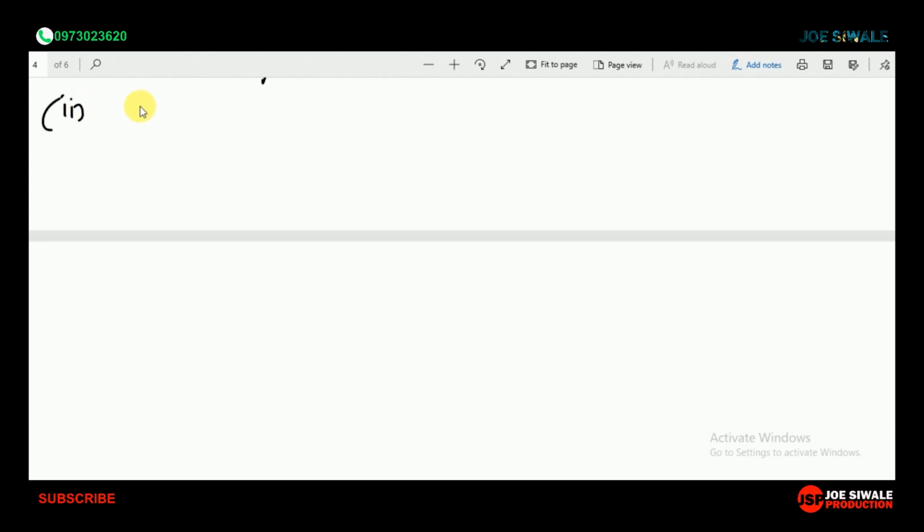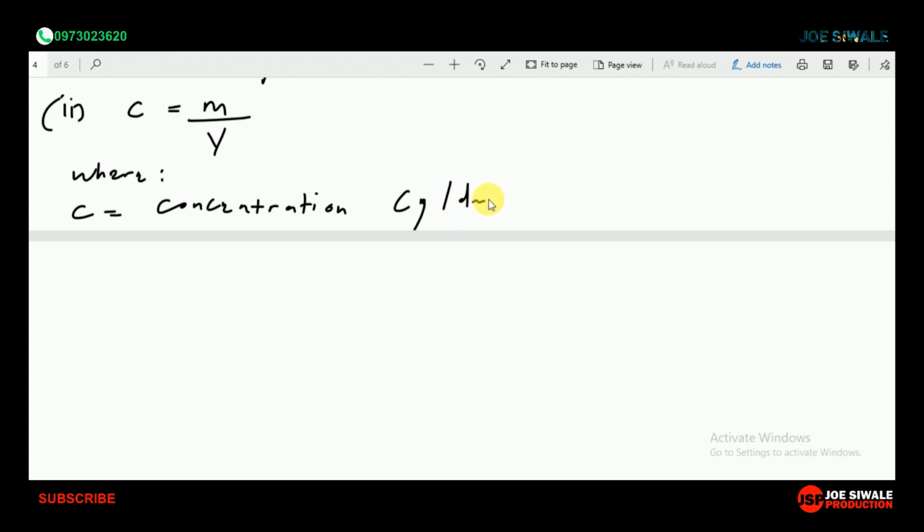concentration is equal to m divided by V, where C represents concentration, and the unit is going to be gram per cubic decimeters.